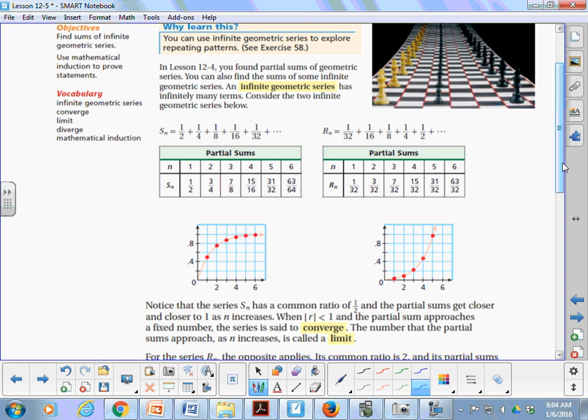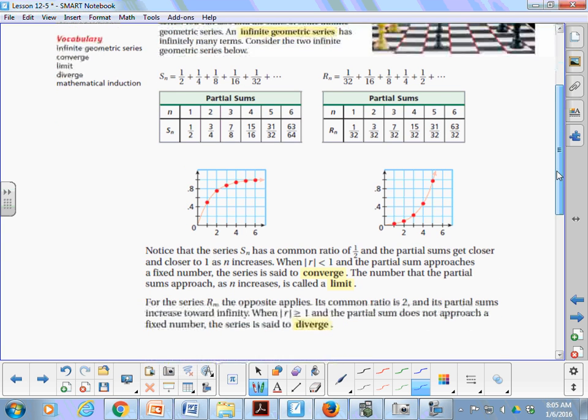So when we are adding them together, the ones on the left, as the fraction gets smaller, are converging on a specific number. The ones on the right are going to diverge, getting bigger and bigger and bigger, not getting closer to a specific number.